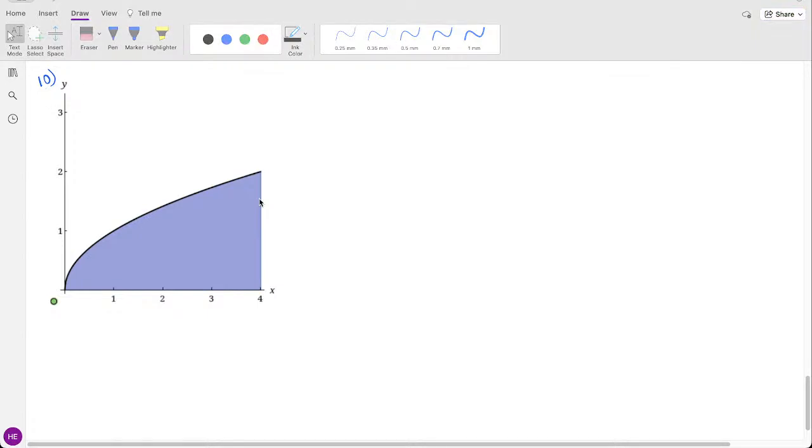And then we need to find the area of it. The graph is y equals square root of x. And then what we also need to know is that x equals 4 and y equals 0. And that's just to say where it stops. So it stops here, stops here. Okay.